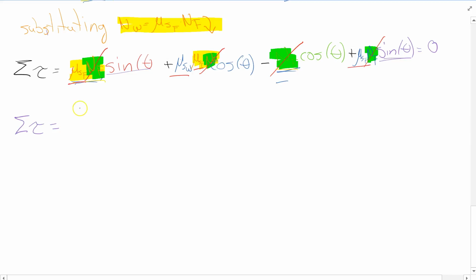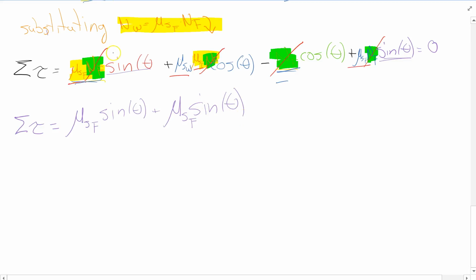So I'm going to rewrite that as the mu static from the floor times sine theta plus mu static from the floor, sine theta.